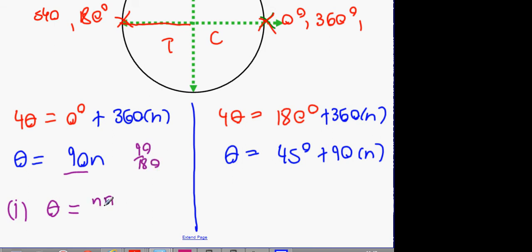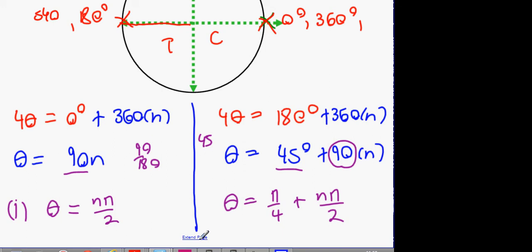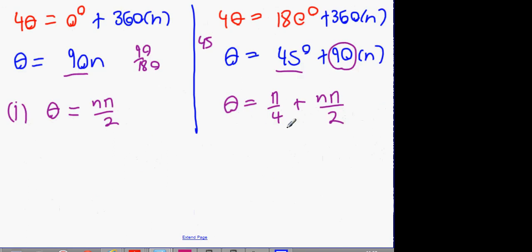So it's n multiplied by pi over 2. What's the answer for the second one then? What's 45 degrees in radians? A quarter pi. Well done, Paddy. You seem to know all these off by heart. It's impressive. And what about this one here? 90 degrees? Same thing, isn't it? N pi over 2. That is our answer in radian form, not degrees form, as asked.